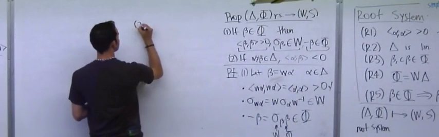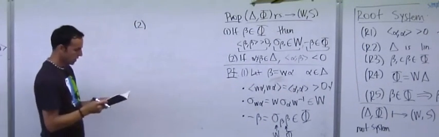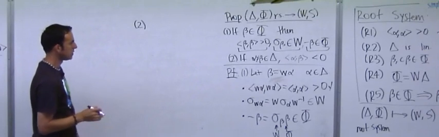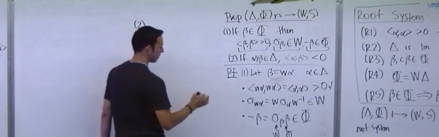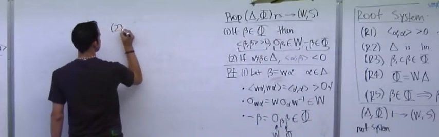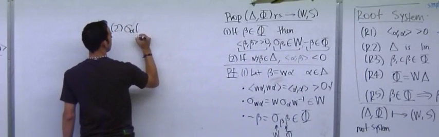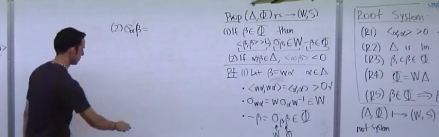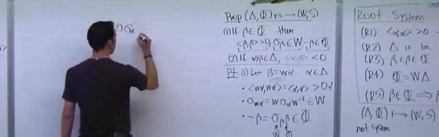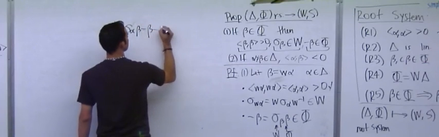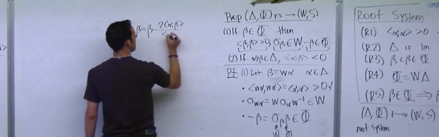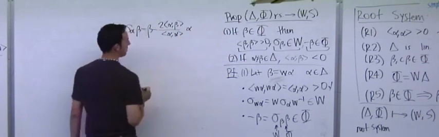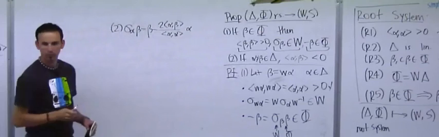Let's prove 2 now. 2 is pretty easy also, because all we have to do is say, okay, well, what is sigma alpha of beta? Sigma alpha of beta, by definition, is beta minus 2 inner product of alpha beta over alpha alpha times alpha.